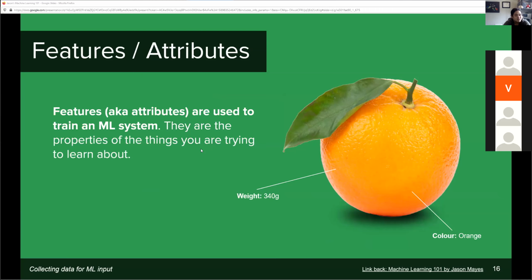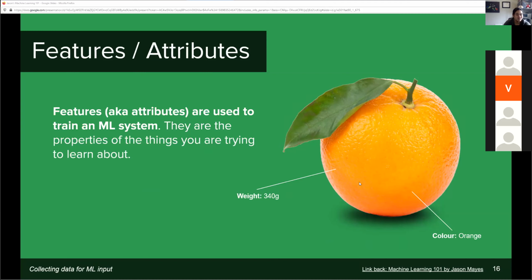They're essentially properties of things that you're trying to learn about. This orange has a weight, it has a color, and he spelled color correctly, which is great. It might have a size. The size of the orange might be different depending on what type of orange it is, what family it is. The shade of orange might be different.